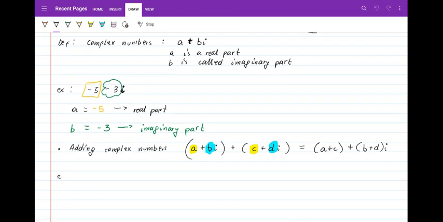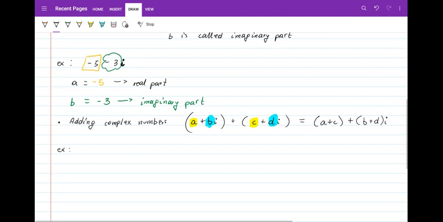So just one example. We need to add 2 plus 3i plus 4 minus 5i. Since we have addition, we can remove those parentheses: 2 plus 3i plus 4 minus 5i. And when you add complex numbers, think about combining like terms.